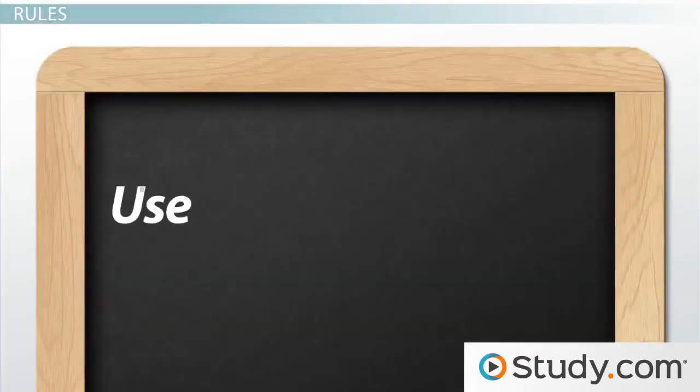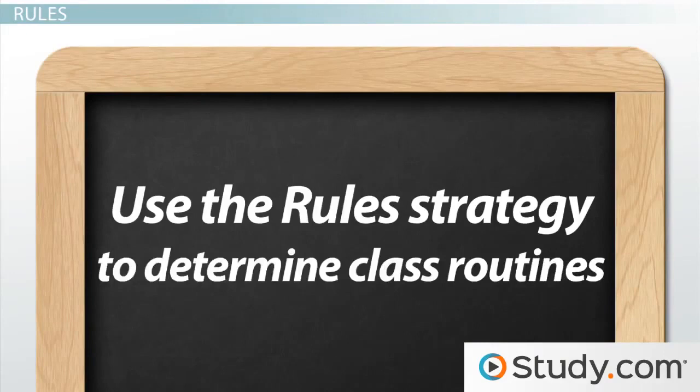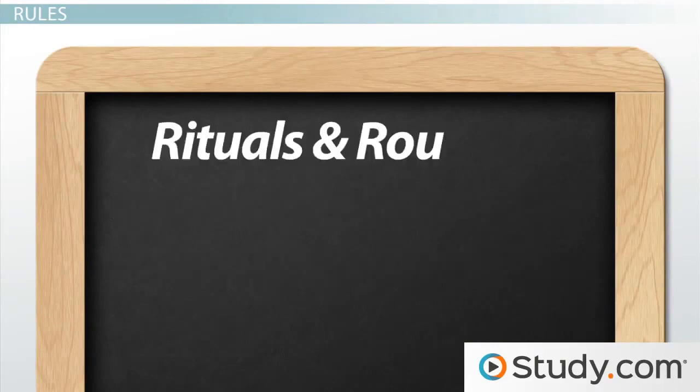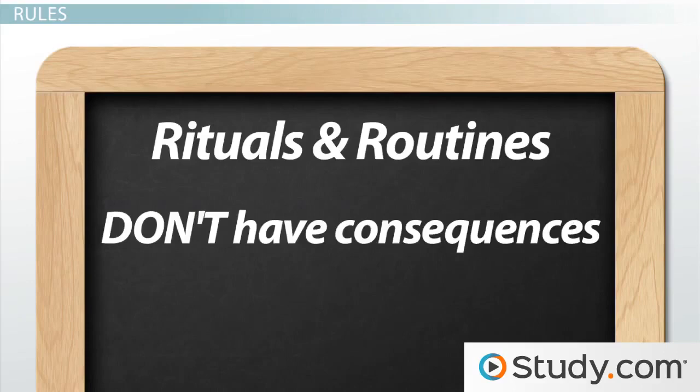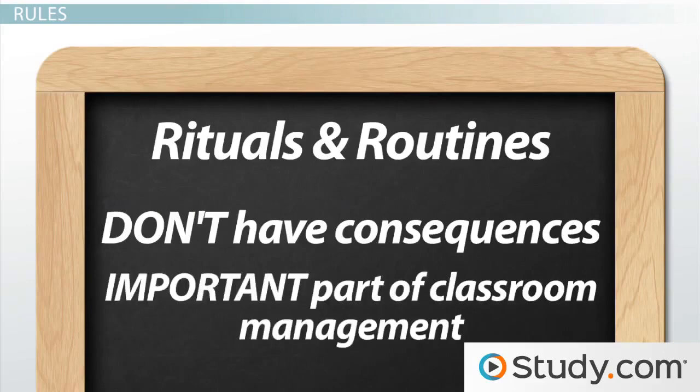This strategy for creating rules could also be used to determine routines for each class. Unlike rules, rituals and routines don't have consequences, but they are an important part of managing the classroom. They are the repeated activities that students learn to expect as part of your particular class.